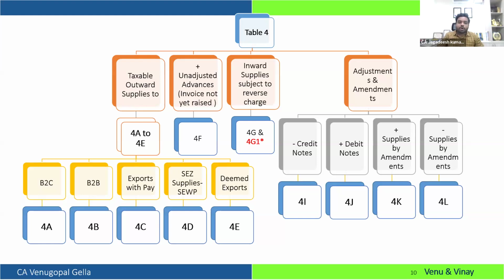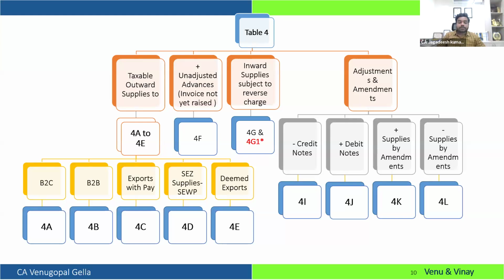All these supplies are subject to the GST. You can pick all these figures from your GSTR-1. This is how you are declaring the supplies in your GSTR-1, the same on a consolidated basis year-wise. You need to report it in table 4.